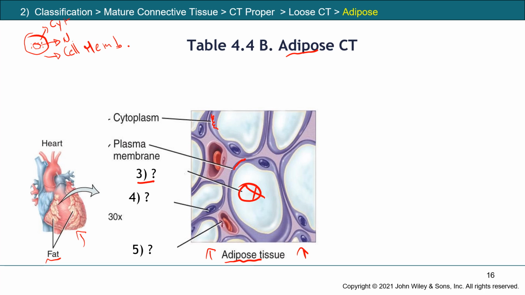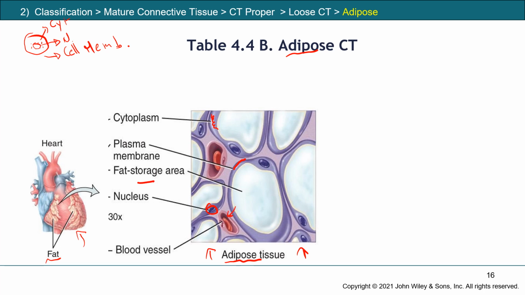And this third structure is the fat storage area, the white region, and this white region is a lipid, okay? It is full of lipids. And that small purple structure is the nucleus, and finally, blood vessels are important to transport different nutrients.